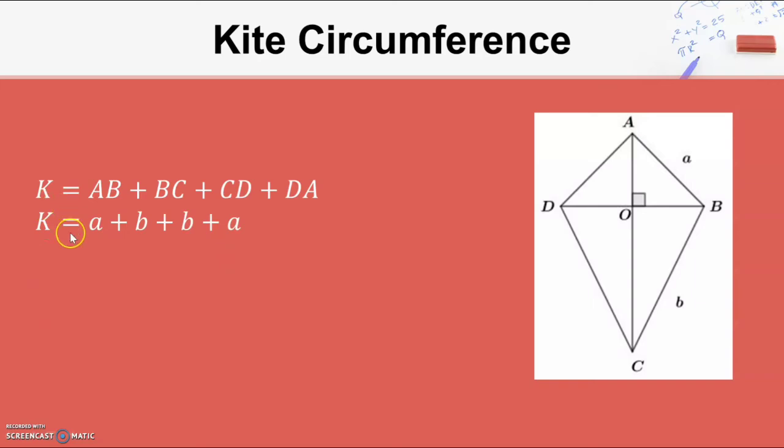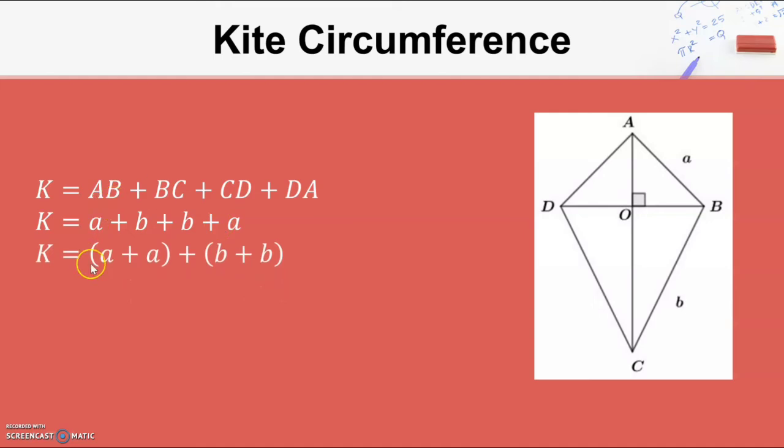Perimeter of the kite equals AB is a, BC is b, CD is b, and DA is a. a and b can be grouped separately.